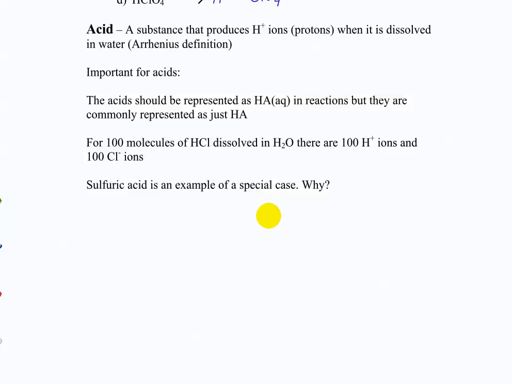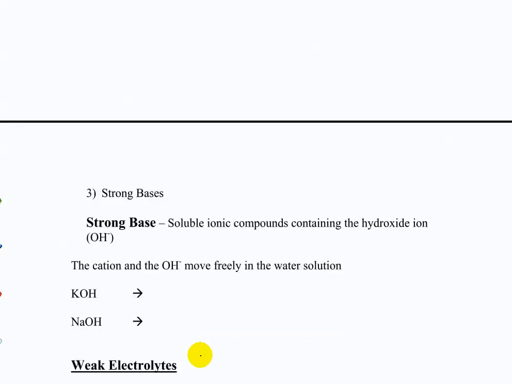Sulfuric acid, for example, which we just talked about, has the capability of forming 2 H plus ions in water. So that means when we talk about a particular concentration of sulfuric acid, we're actually going to have twice that concentration of H plus. And we haven't gotten into concentrations yet, but that'll be something to watch out for in a minute.